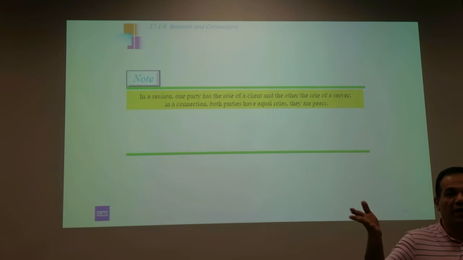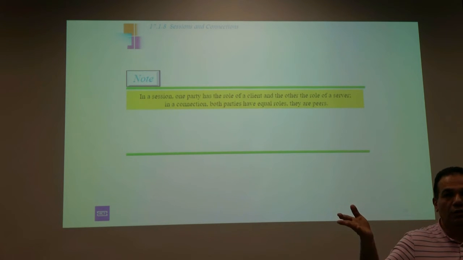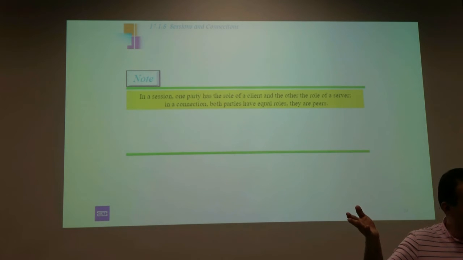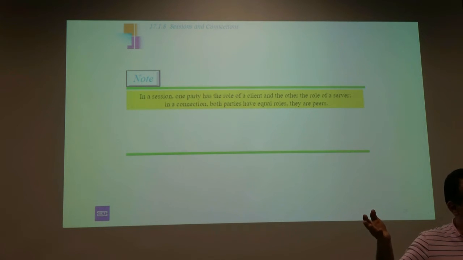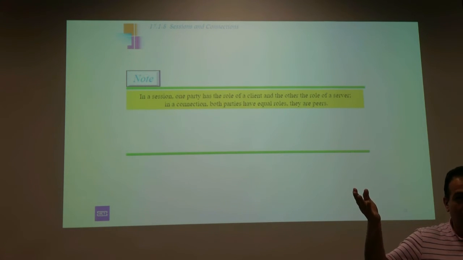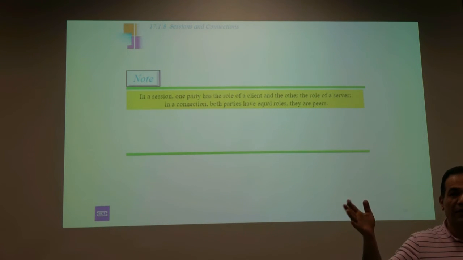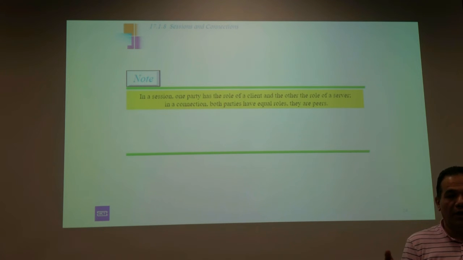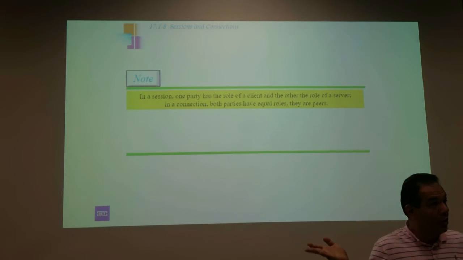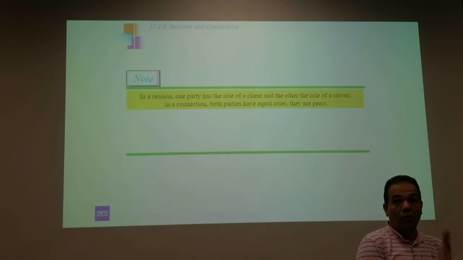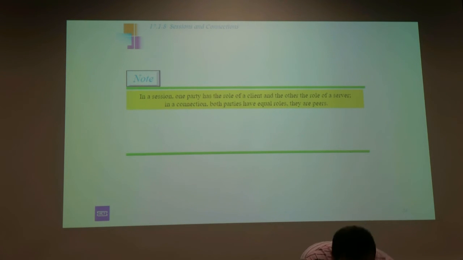So a session could have how many connections? 0 and more. 0 if there is no connection, or 1, 2, 3, multiple. Session is a client-server application. Connection is peer communication. Clear? That's what we covered so far. Nothing special, right?